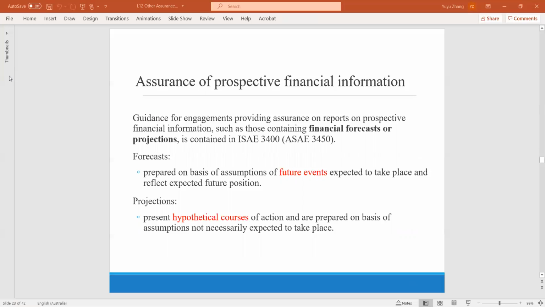Due to the special characteristics of prospective financial information, can you let me know what is the more likely level of assurance, if there is assurance over prospective financial information? High level or limited level?